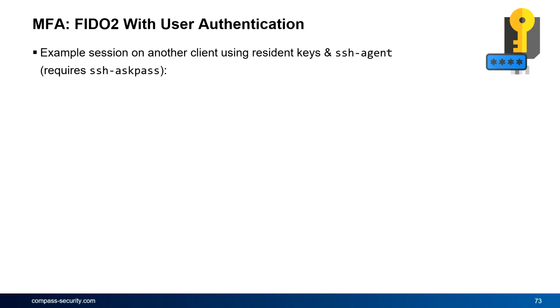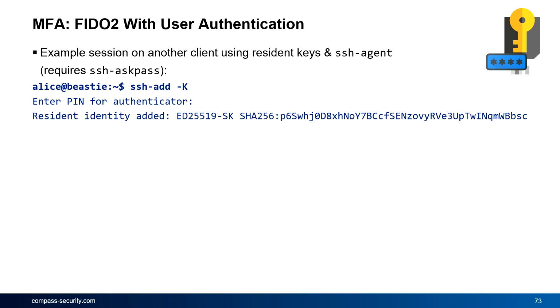If the server requires user verification every time you perform a login, you can also use this type of login using resident or discoverable keys in combination with the SSH agent. So first you load the resident key into your SSH agent using the capital K option. For this, you have to enter the PIN of the authenticator or provide your biometrics.